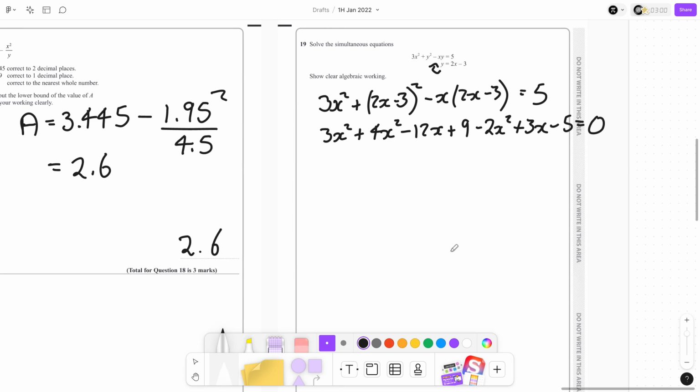So how many x squareds have I got? 7 minus 2, so I've got 5x squareds. X's I've got minus 12 plus 3, so I've got minus 9x's. And I've got 9 minus 5, which is plus 4, equals 0. Now you can use the formula at this stage, but I'm fairly sure it's going to factorise.